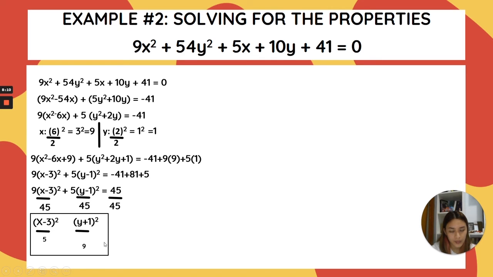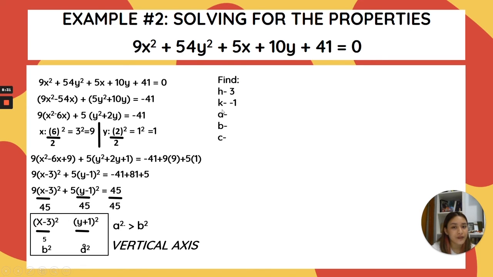And a squared is greater than b squared. So our a squared is 9 and then b squared is 5. So therefore we have this as a vertical axis. So after that, we will now use the formula for the vertical axis and look for the values of h, k, a, b, and c.